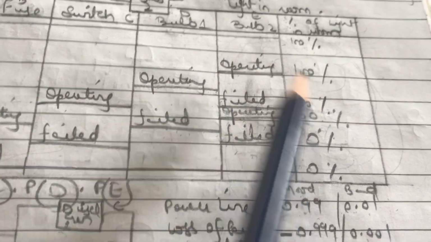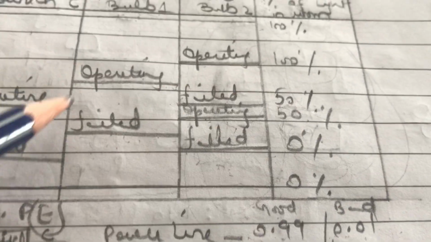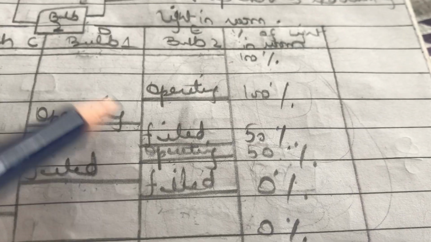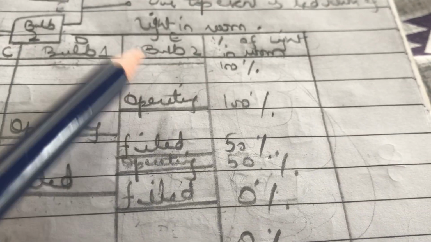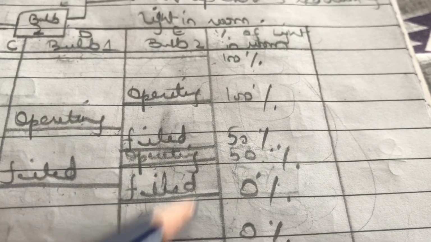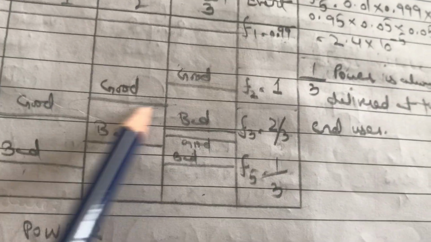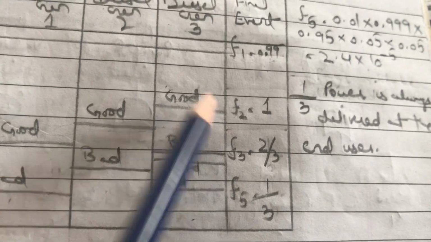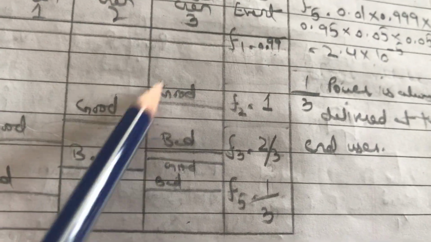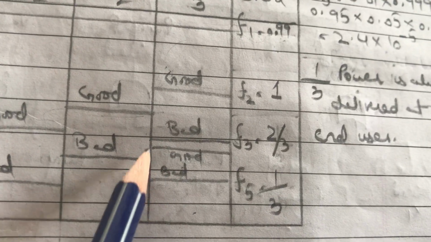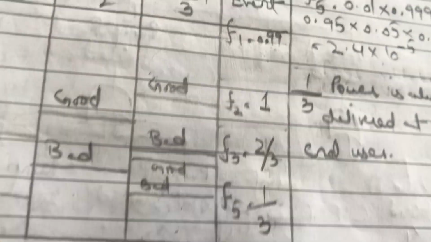It's the same that we did last time. From this operating we create two conditions, and from this failed we also create two conditions. For diesel generator 3 we have created two conditions, operating and failed, and from this failed we have created two conditions, operating and failed.